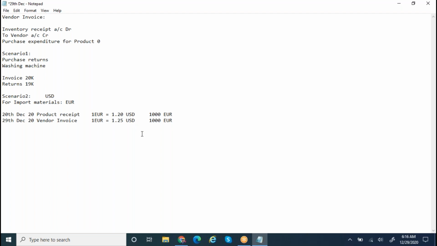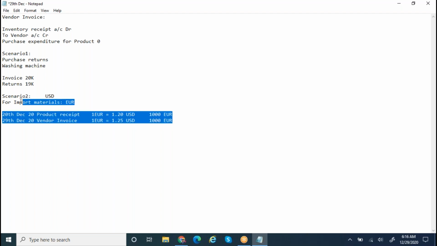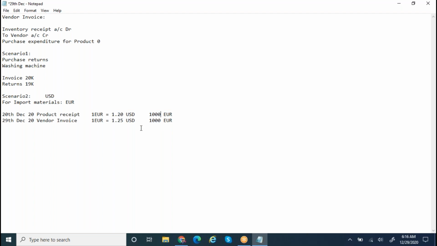In terms of euros it is the same, but in terms of US dollars there is a difference value. The difference value should be affected here. Definitely I will come to this point once again. First let me show it practically in the system so that we can understand.